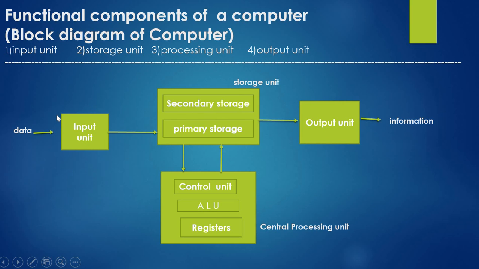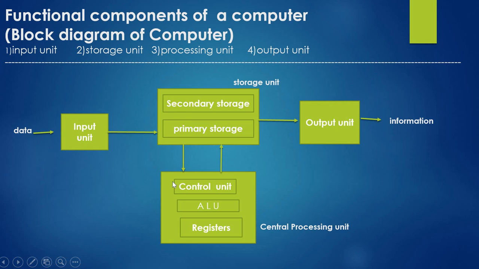Then this is the functional components of the computer, or block diagram of the computer. See, data is given to the input unit. What are all the input devices? Keyboard, mouse, scanner, etc. What are all the output devices? Printer, monitor, speaker, etc. Okay. Then this input unit accepts the data, converts it into binary form and stores it in this storage unit.